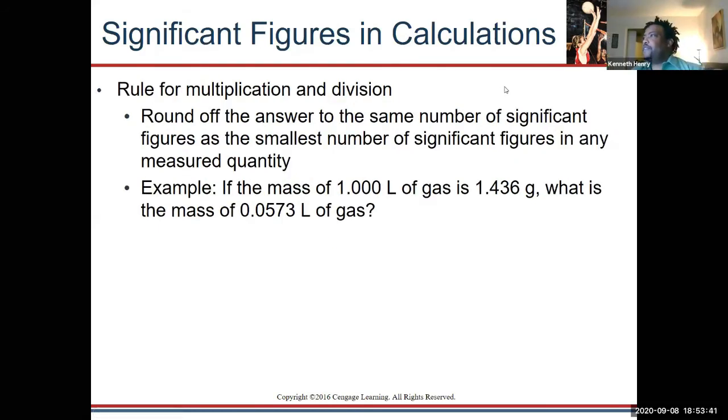Okay, so let's say we have this question here. It says, so if the mass of 1.0000 liters of gas is 1.436 grams. Oh, sorry, I covered up part of the question. What is the mass of 0.0573 liters of gas? So where are we going to start?